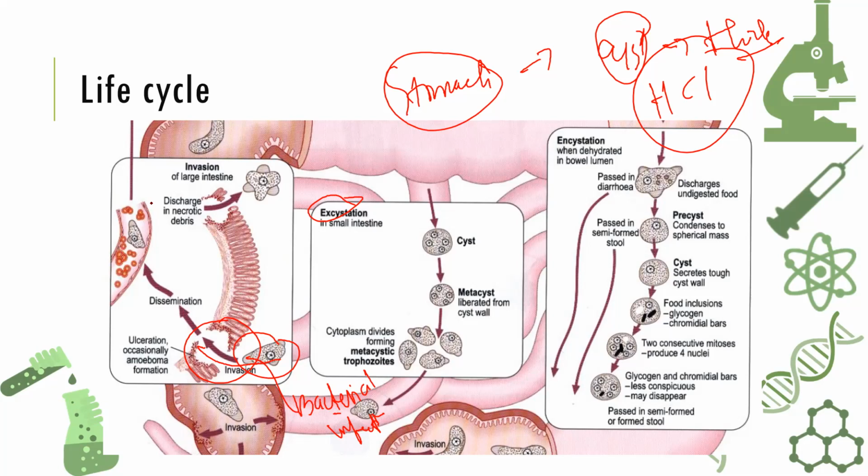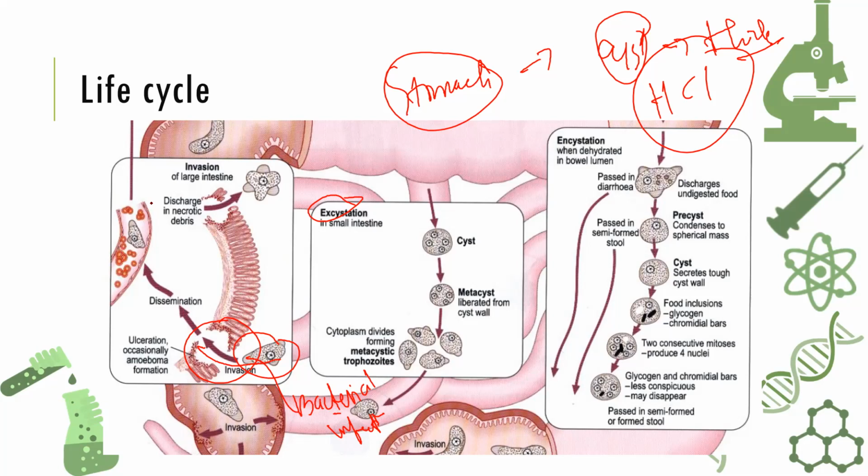Eh, di mag-morphological transformation. This morphological transformation will allow the trophozoites to move because they have the capability to extend their cytoplasm, and that is what we call your pseudopods. Move, move, move. Going to the site where they will invade, where they will cause ulcerations, and that ulcerations will allow them to disseminate in the other organs.